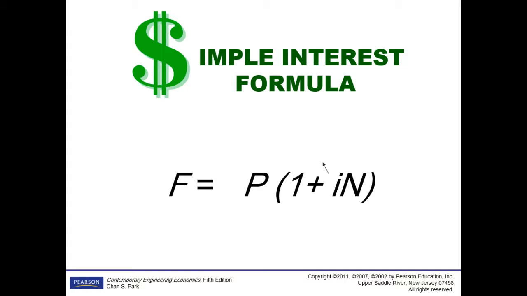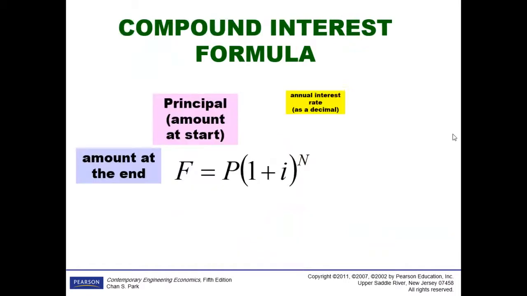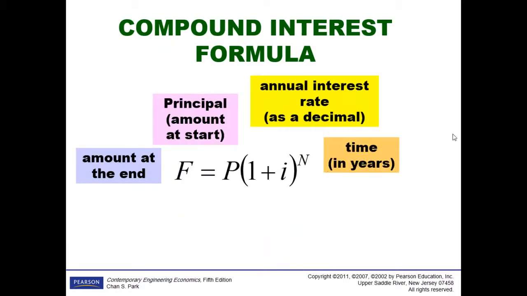It will be mentioned in a question, use I as 3% simple interest. If nothing is mentioned, then you always have to use the compound interest formula. By default, if interest is mentioned and nothing else is written, it is the compound interest formula, and this is what you use to calculate F or P.